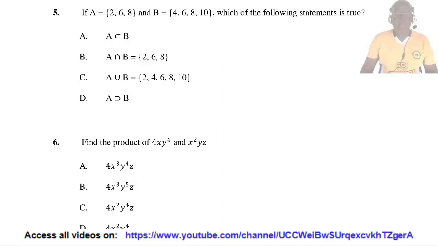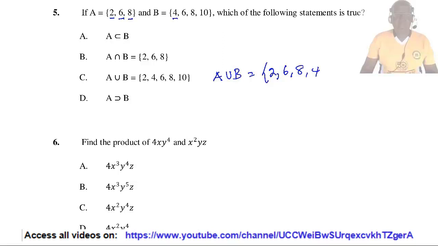Statement C. A union B. Let us write down A union B. We've got 2 here, so we can write down 2. We've got 6 here, we can write down 6. We've got 8 here, we can write down 8. Then we've got 4 here, so we write down 4.